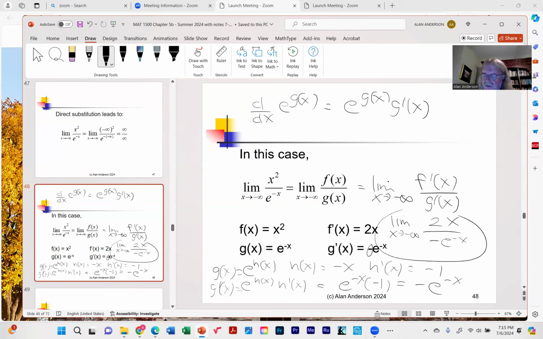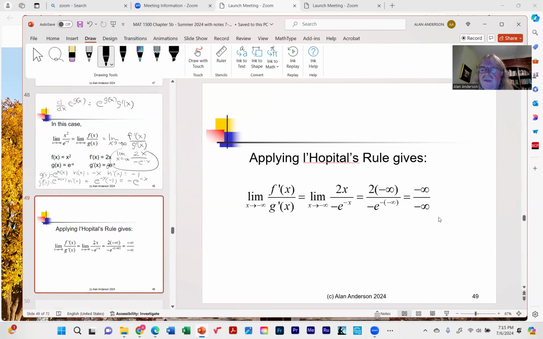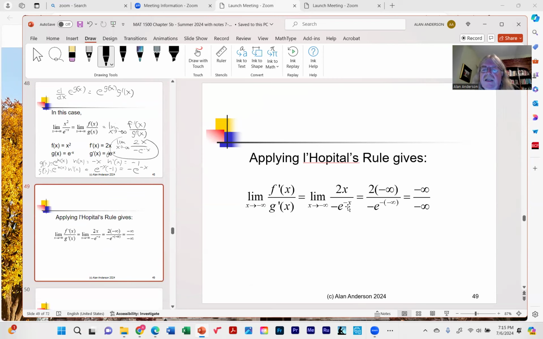Now, unfortunately, direct substitution will lead us into trouble as well here. And yeah, you can see this is what we ended up with. This is our f prime of x, this is g prime of x. But if you plug those in, you're just going to end up with the negatives cancel out. We still have infinity. So you might figure, well, that means we did the wrong thing, but not necessarily.